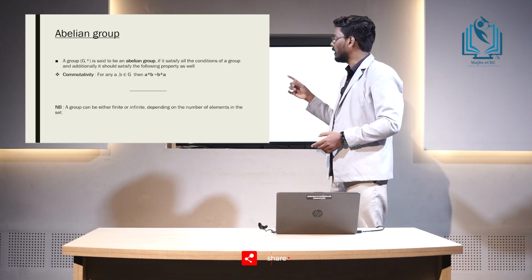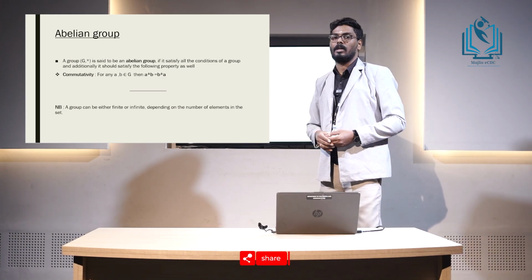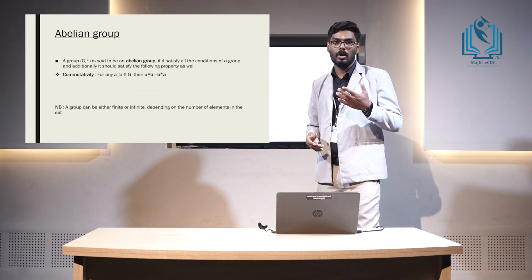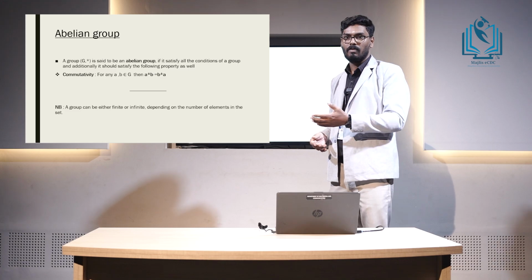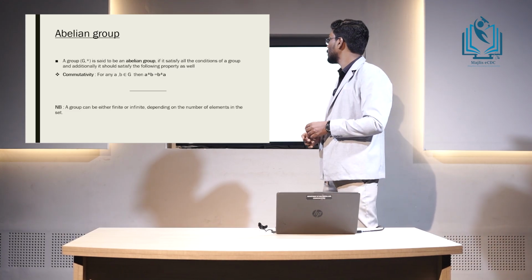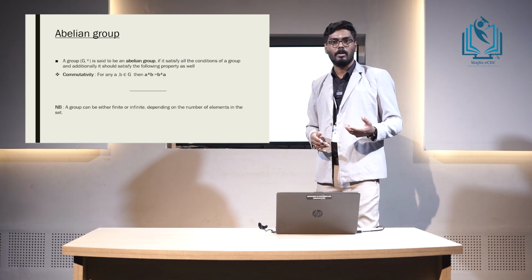Now we are going to define abelian group. What is an abelian group? A group G star is said to be an abelian group if it satisfies all the conditions of a group, that we just discussed before, and additionally, it should satisfy another condition. What is that condition? It is commutativity. And what is commutativity?